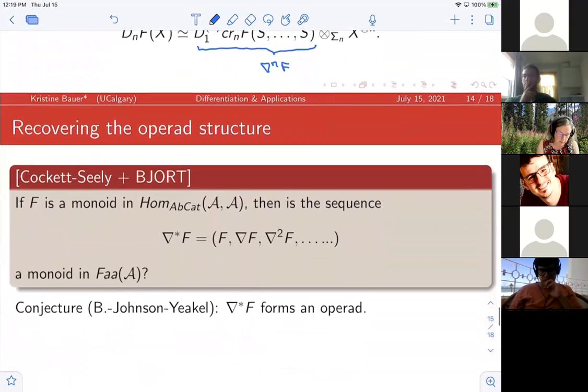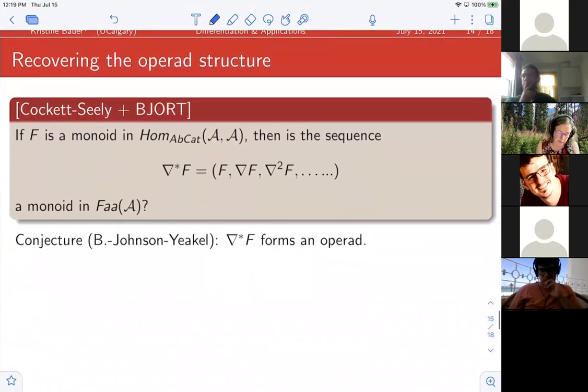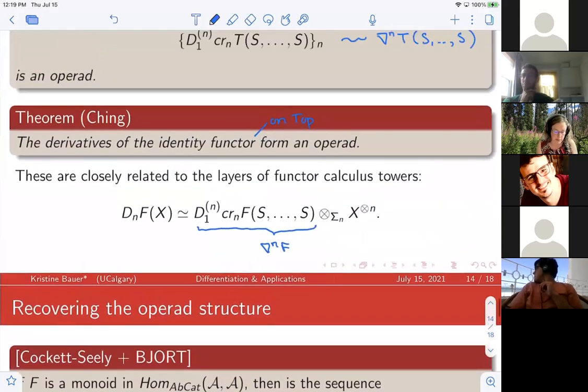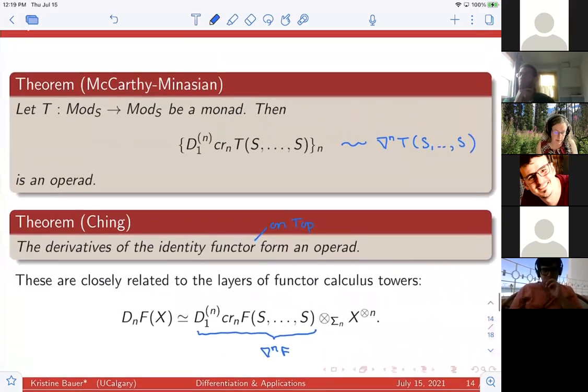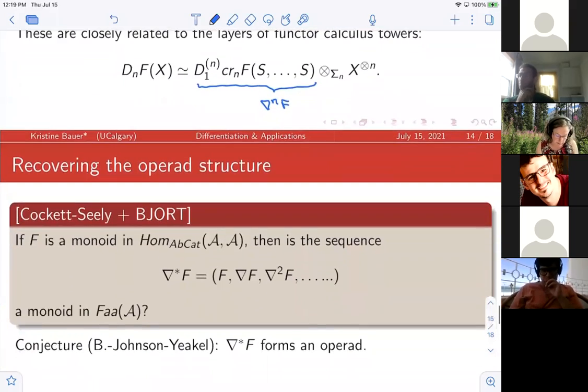So I will finish by talking about an application that we're hoping for of categorical differentiation in this case. We're really hoping that in fact, these things that I've shown you explain these operad structures that we have seen appear elsewhere in the literature. So how would that work?